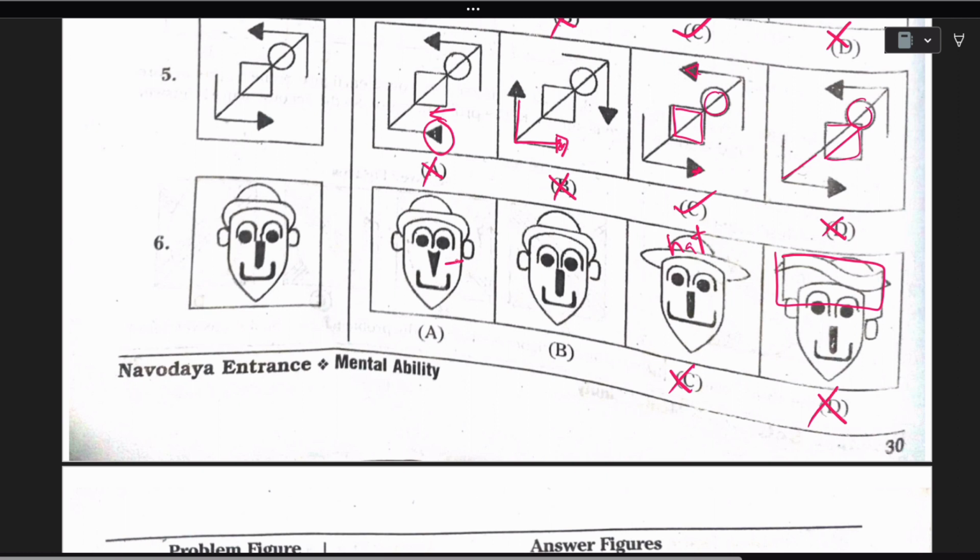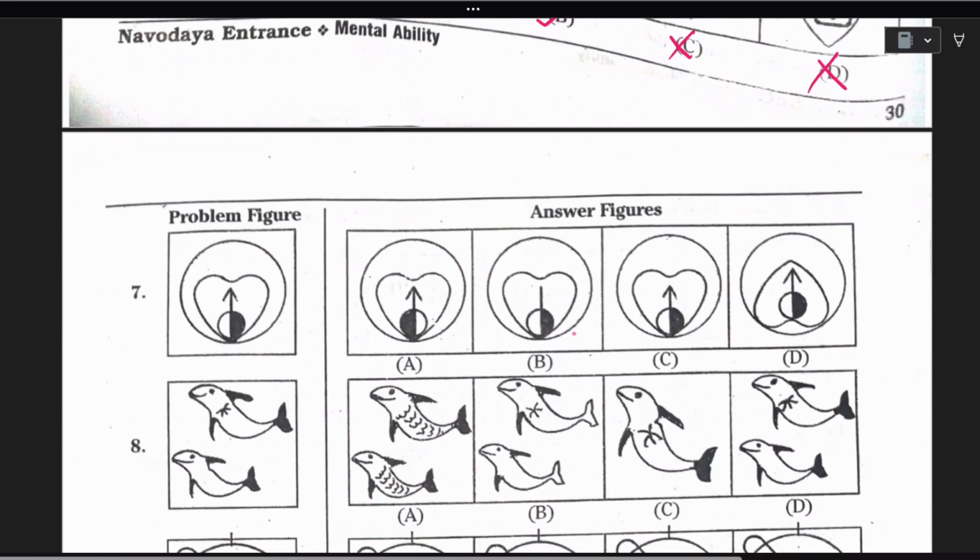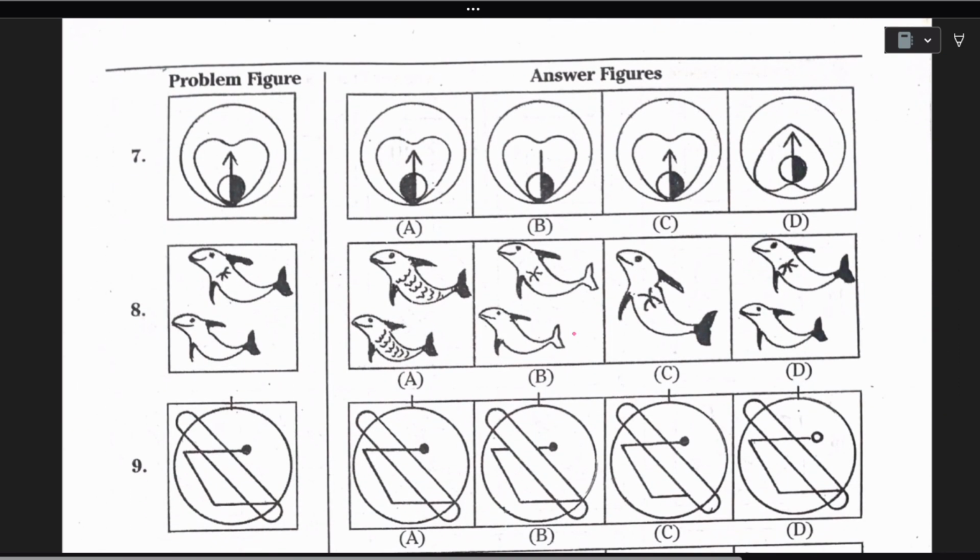Here the nose of this joker is like a triangle, and here it is matching with the question figure. So A is also eliminated because the nose is like a triangle, right? So check the other things, the cap, eyes, nose and the mouth. So everything is the same, so we will be selecting B as our correct answer. And here we are having outside and inside circles, so everything is a circle, so that is good.